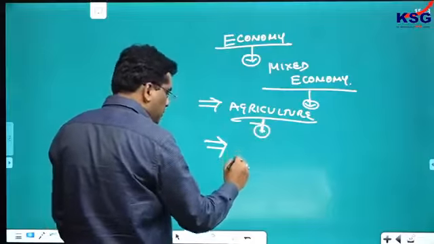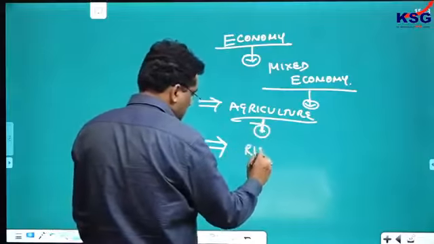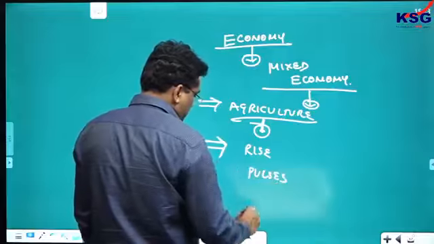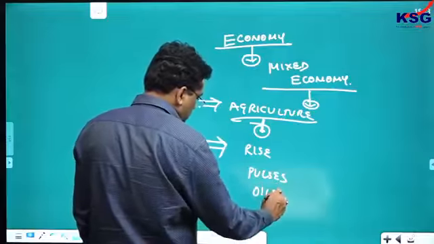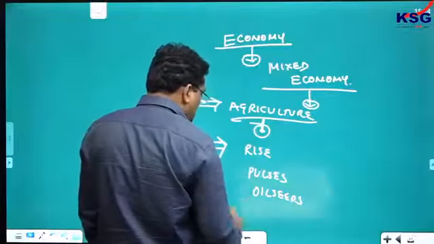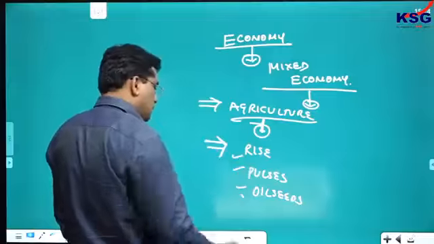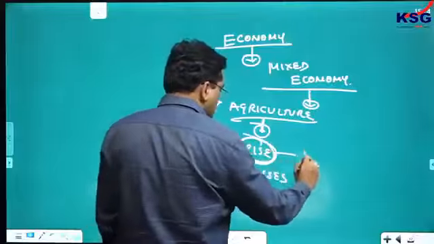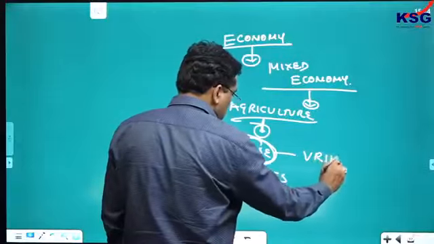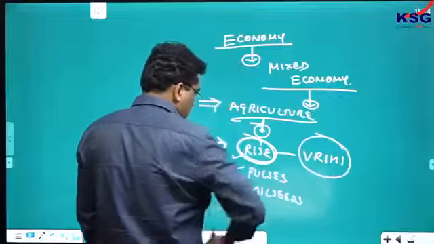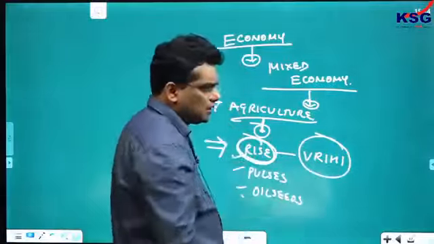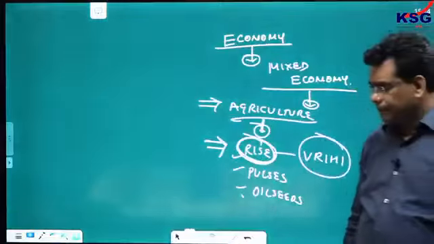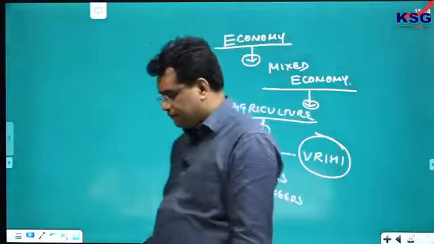We have new crops: rice, pulses, wild seeds. A variety of crops had developed. Rice was a newly introduced crop. Rice was called brihi. You know, Eastern India is good for rice cultivation.